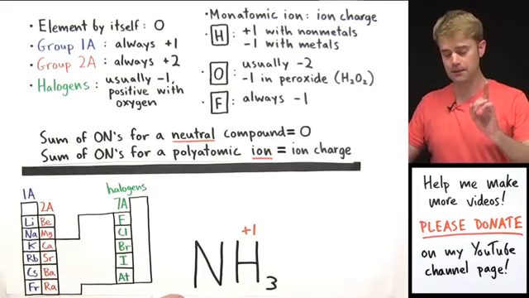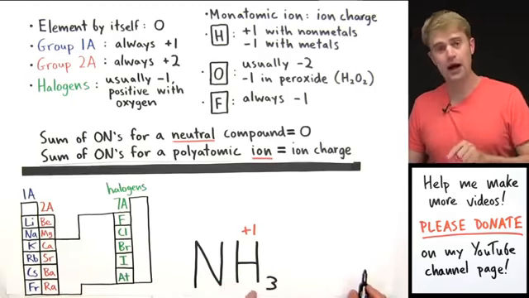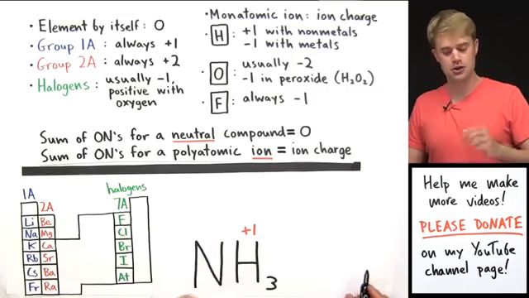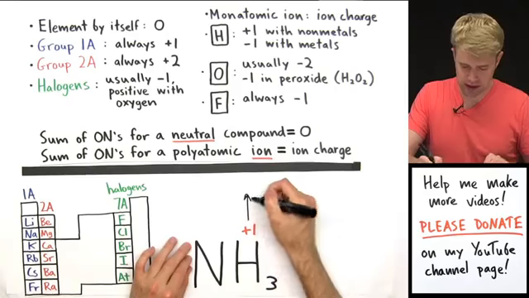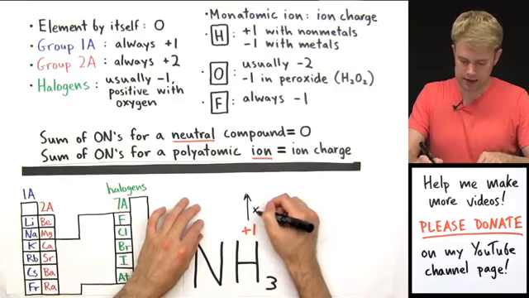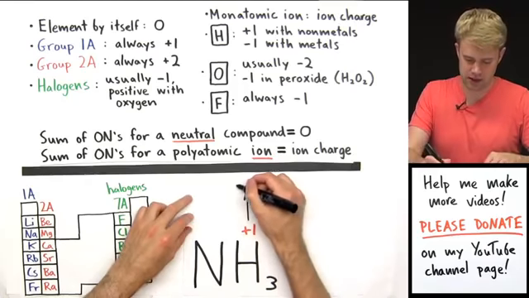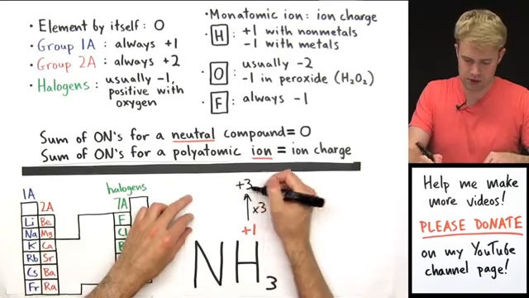Okay, but there are 3 hydrogens. Each one of them has a +1. So what we have to do is multiply this +1 times 3 for the 3 hydrogens, and that's going to give us +3.